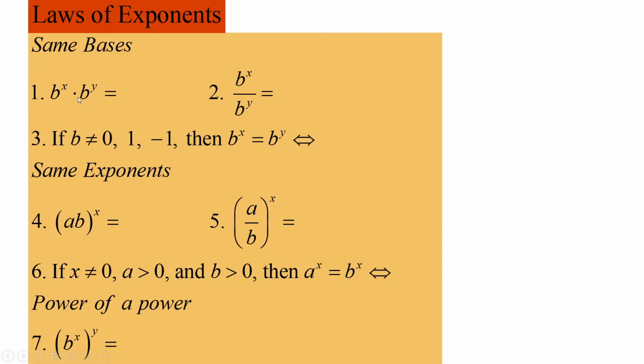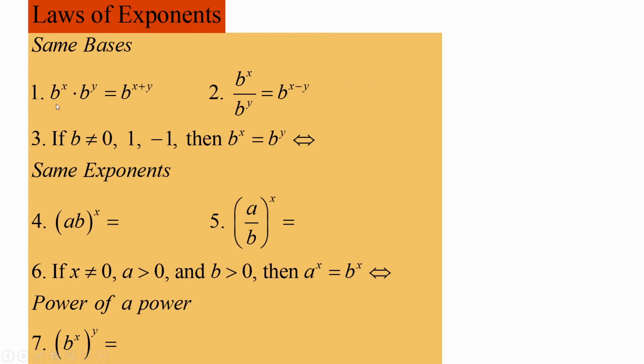So b to the x times b to the y becomes b to the x plus y power. Now when you're dividing terms with common bases, note that when you multiplied, you added the exponents. So if I'm dividing, I'm going to subtract the exponents. So that's going to become b to the x minus y power.